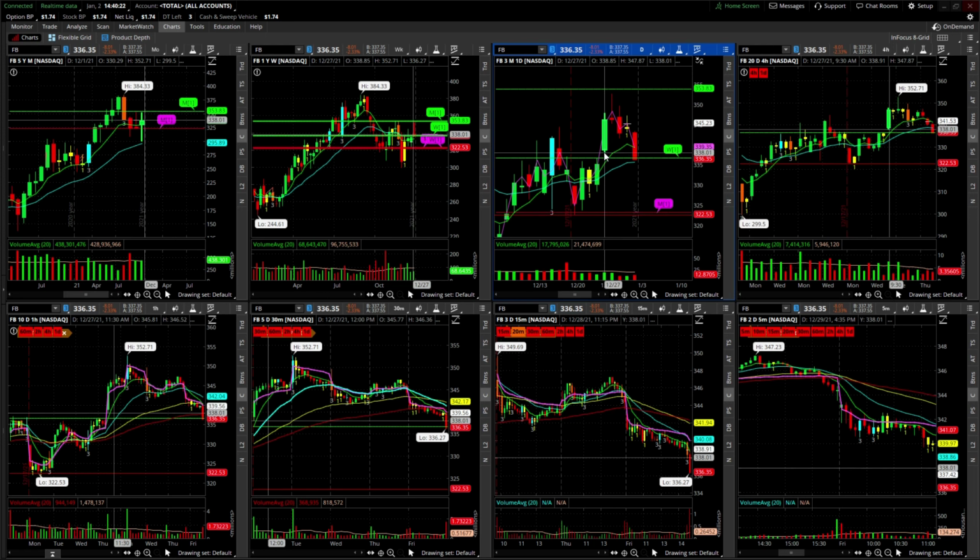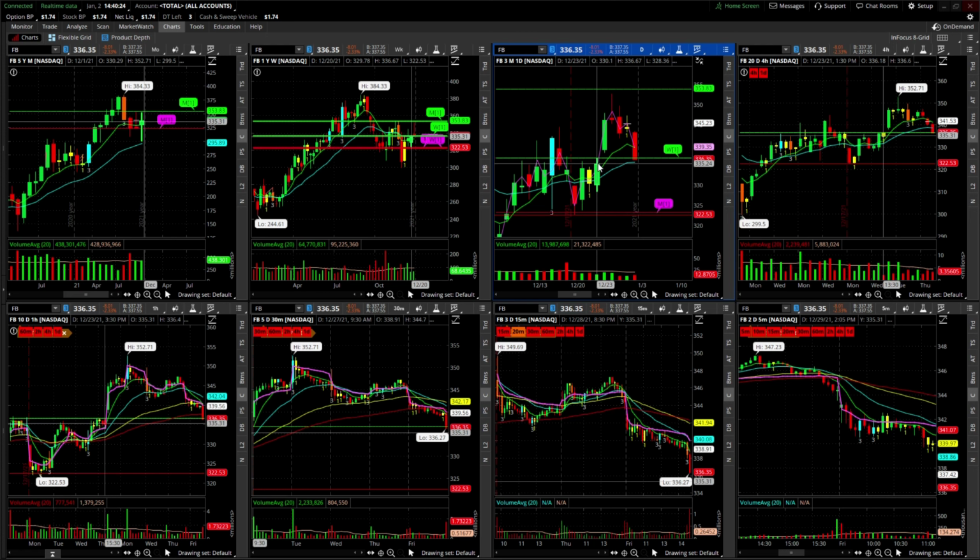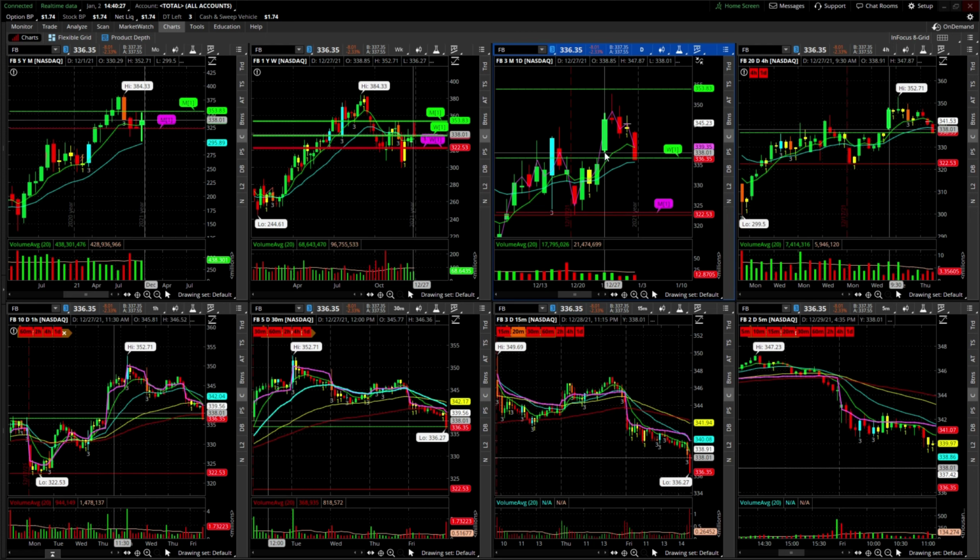There's also a gap here between this trading day and this trading day, which was a Monday to Friday. So that gap also was a potential zone that price can head towards.